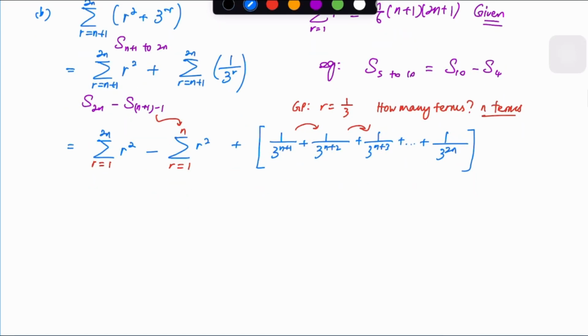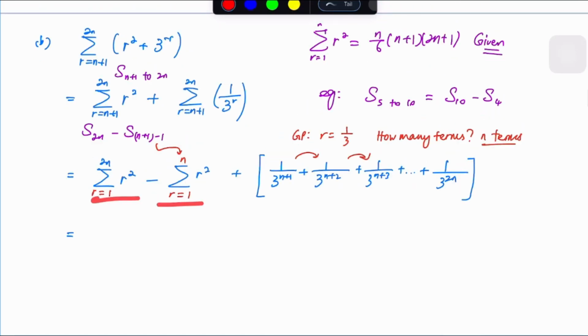Okay, so next step. For this and this, we can make use of the identity given to us.